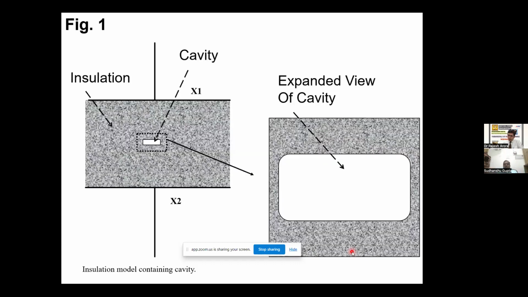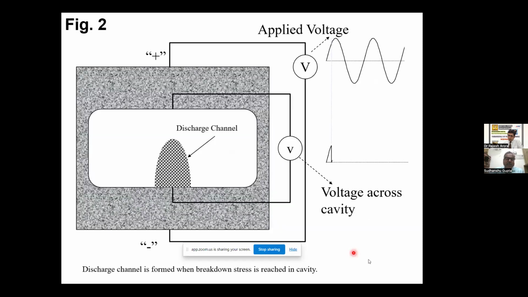Now we are going to discuss the basics of how this activity occurs in a void. As you can see, there is an impurity in the insulation. That impurity could be a void, and how it starts: once you have a void in an insulation and you apply a voltage across it, it will have a discharge channel.